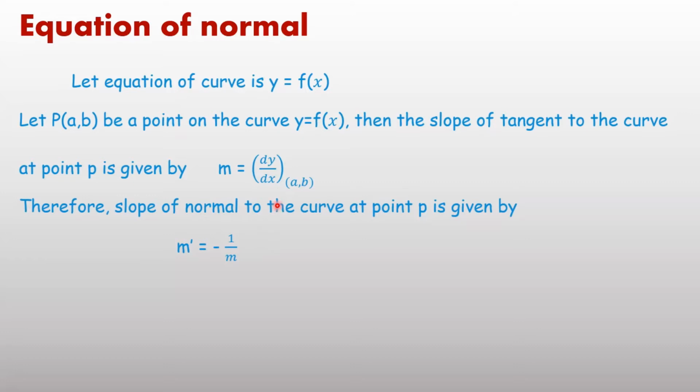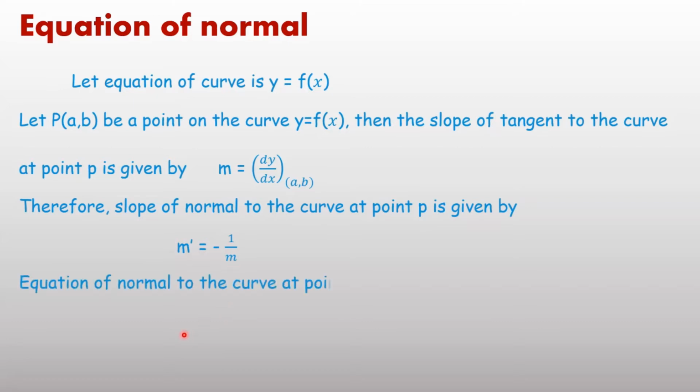Since at any point the tangent and normal are perpendicular to each other, and if two lines are perpendicular to each other, the product of slopes equals minus 1. It implies that if we assume the slope of the normal as m dash, then m dash into the slope of the tangent m equals minus 1, or m dash equals minus 1 upon m.